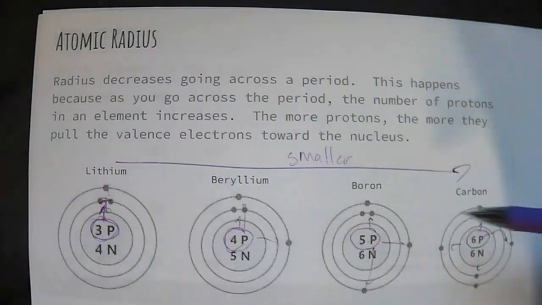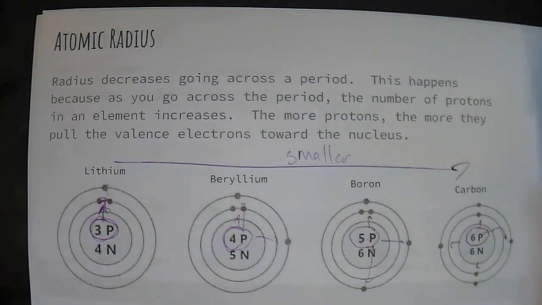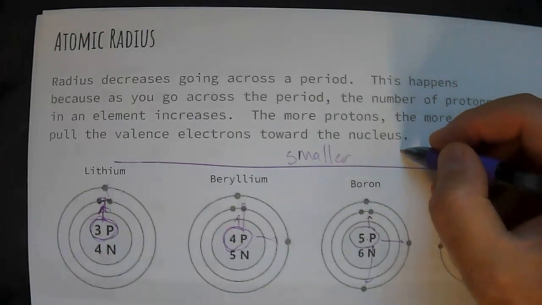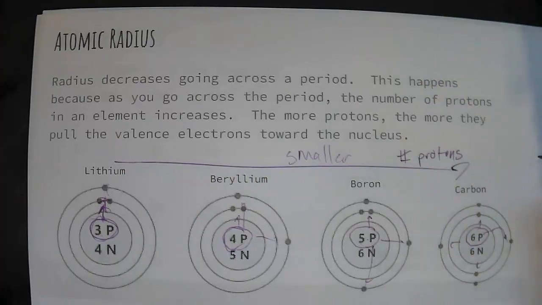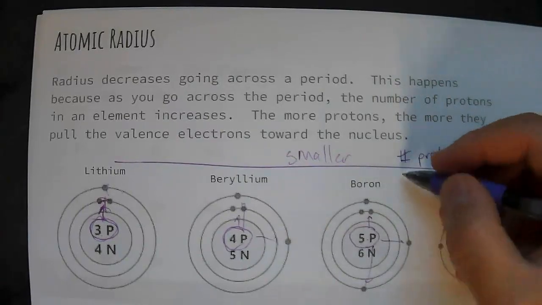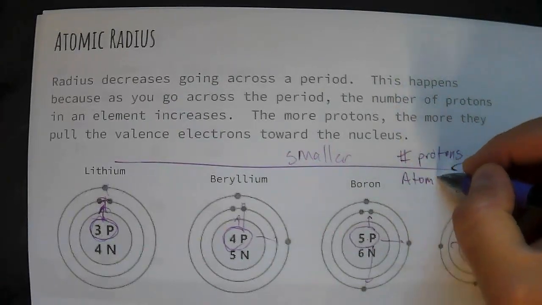So as we go across, the elements get smaller because of the number of protons. And if we wanted to get really creative, we could go back to the beginning and say the number of protons is equal to the atomic number.